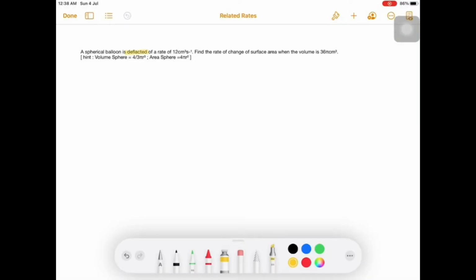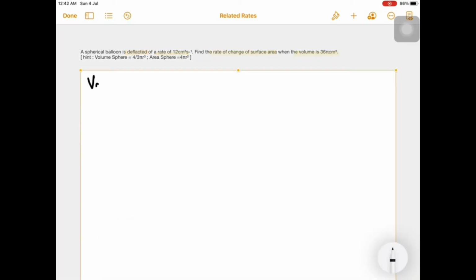Okay, let me explain. First, I will highlight the important keywords in the question. As we all know, the volume of a sphere, 4 over 3 pi r cubed, is equal to 36 pi. So, we need to find the value of r.